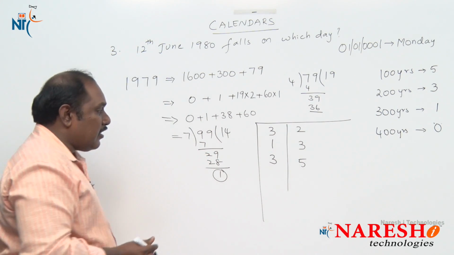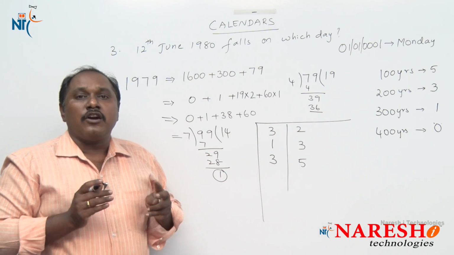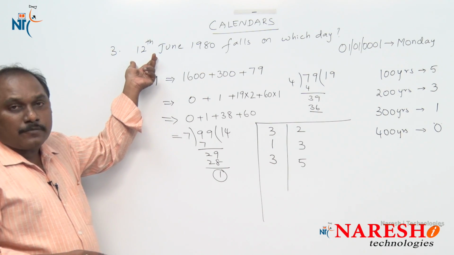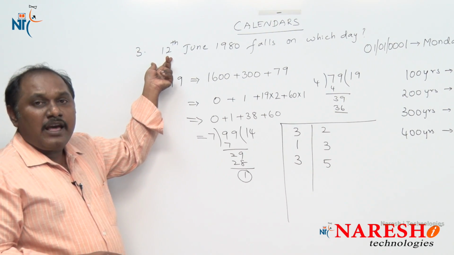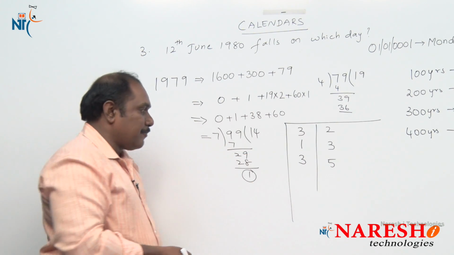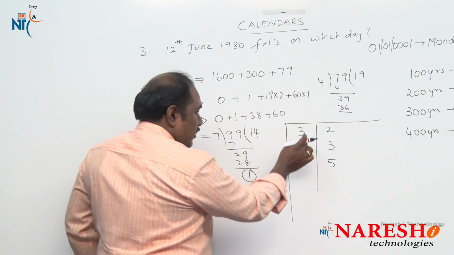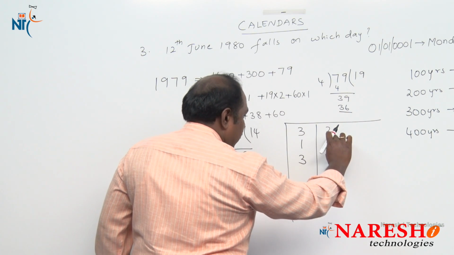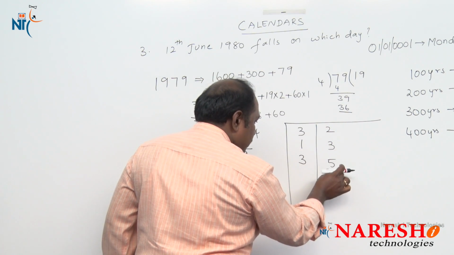You may be wondering how it is 5. We are not talking about complete June, only till 12th June. So in these 12 days we have 5 odd days. Now if I add all this, 3 plus 1 is 4, plus 3 is 7, plus 2 is 9, plus 3 is 12, plus 5 is 17.